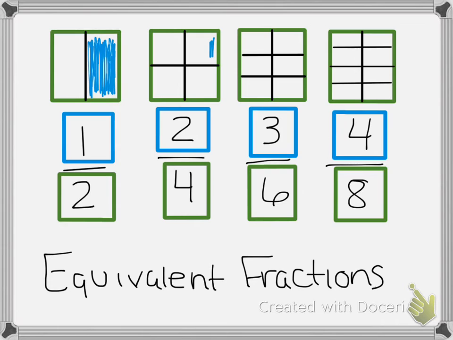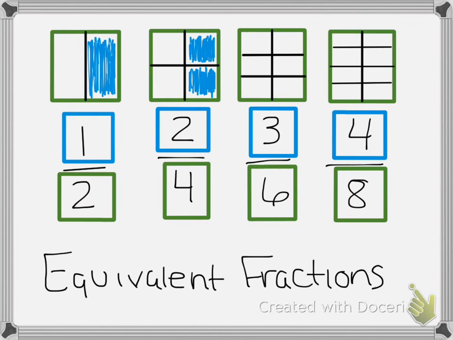I'm going to go ahead and shade that in as well. And remember, the number that I am shading in blue is my numerator. This is my part, and the green, which is the denominator, represents the whole.